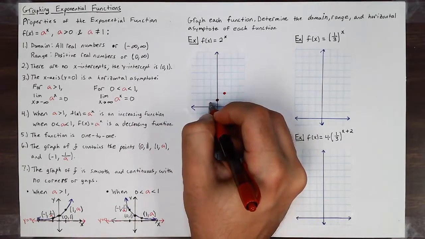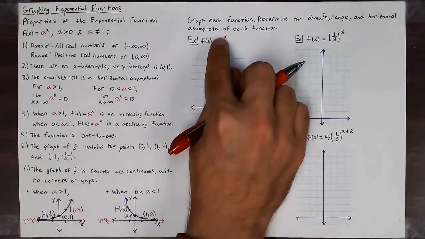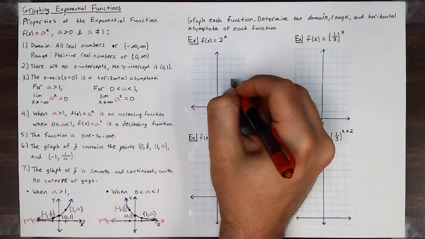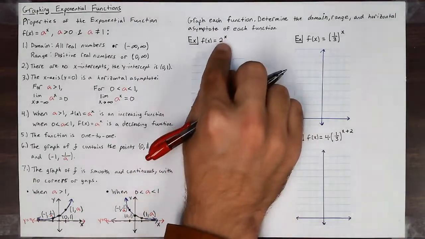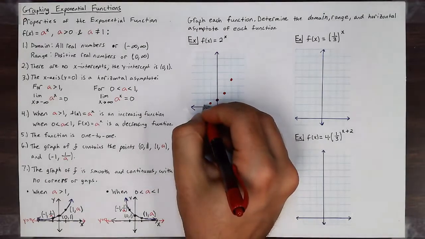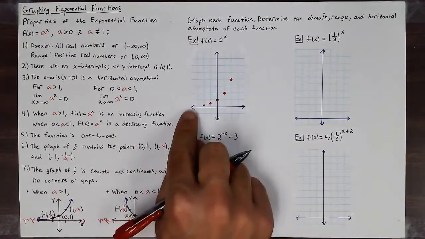If you want more points, if this is not enough to see what your graph is going to look like, if I plug in 2, I would square the growth factor. So 2 squared would be 4. And if I plug in -2, I would square the reciprocal. So the square of 1/2 would be 1/4. Now you're starting to see it flatten out along the x-axis.